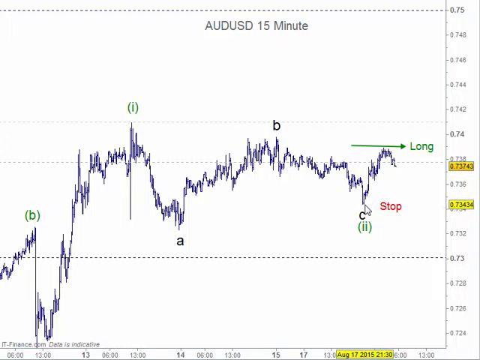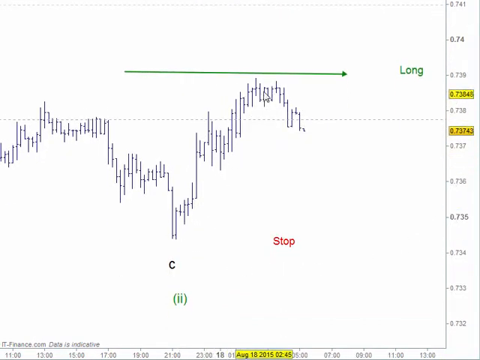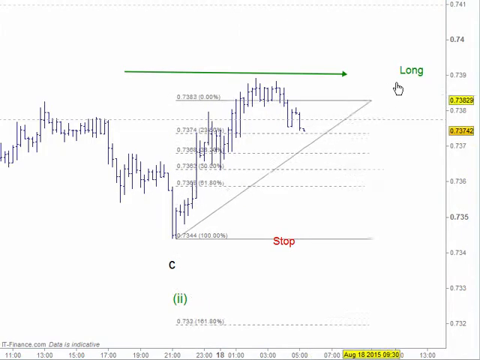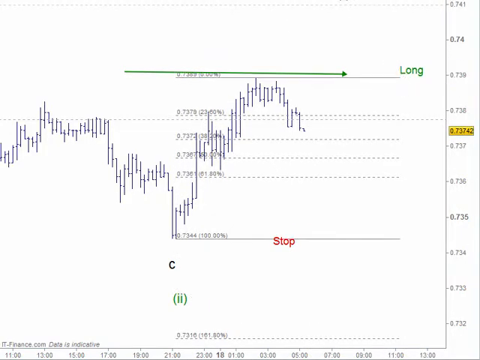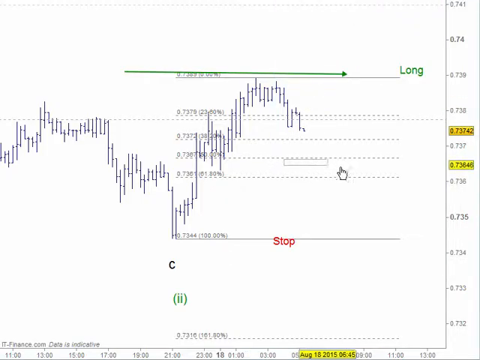We can look at this as up for 1 and back for 2, a 50-60% sort of retracement area, somewhere in this vicinity. So basically, one way or another, some sort of A, B and C here.